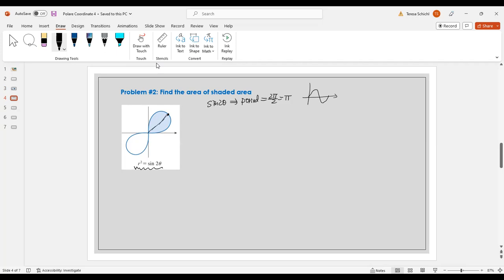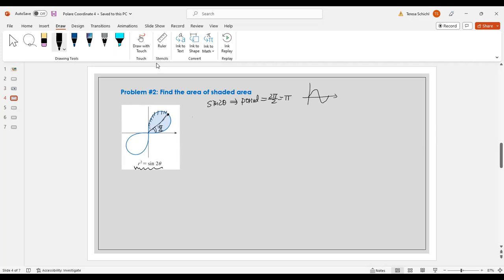This is pi over 4, right? Because we know sine at pi over 2 is 1, but this is 2 theta, so it's pi over 4. So from pi over 4 to pi over 2, it will be this curve here.